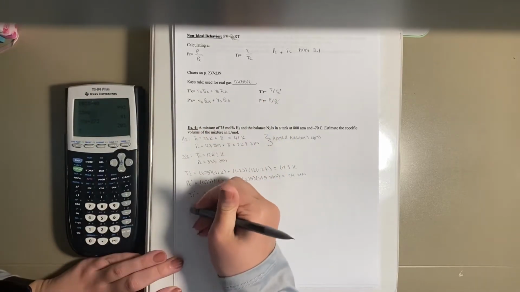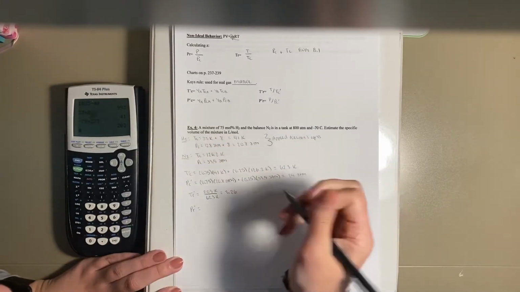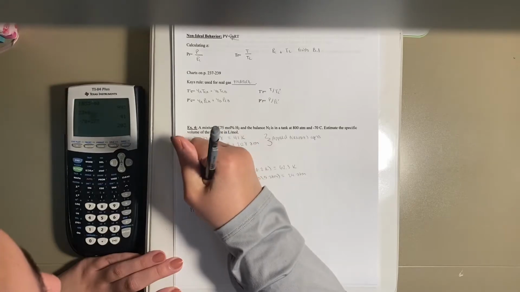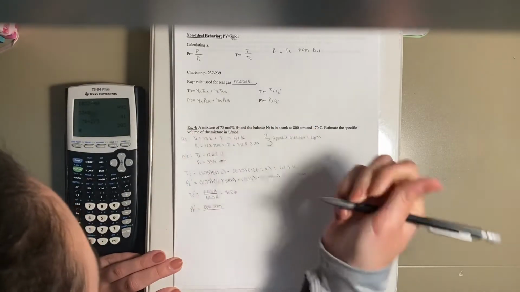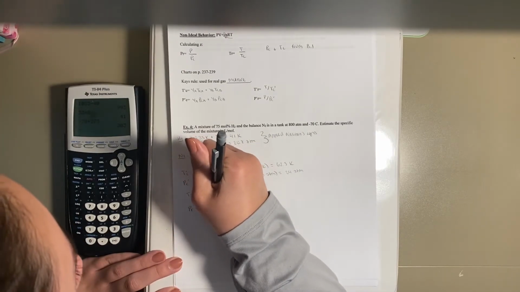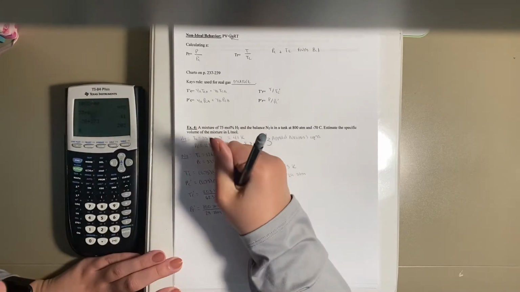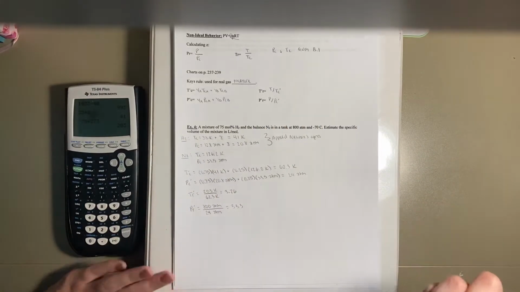Now our reduced pressure is going to be 800 atm over 24 atm, and that ends up being 33.3.